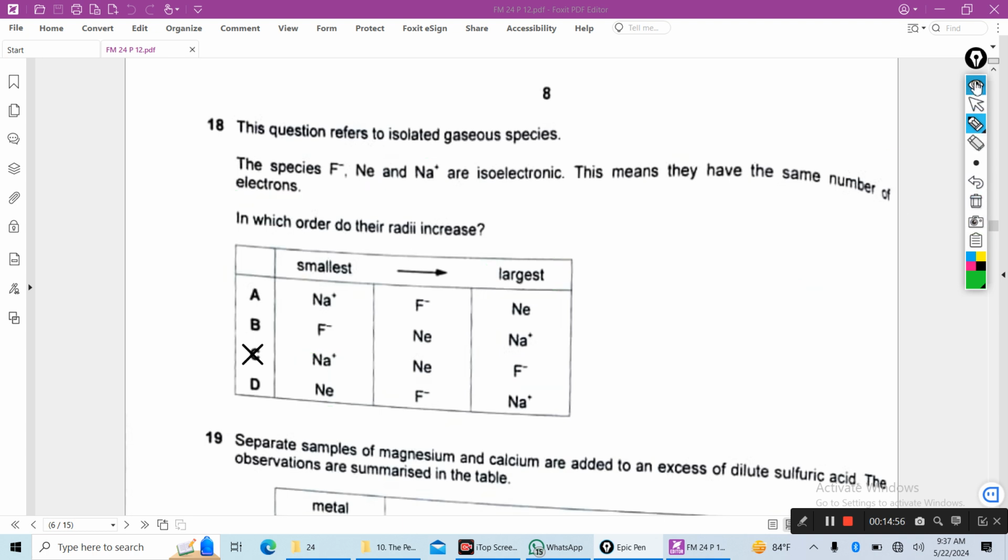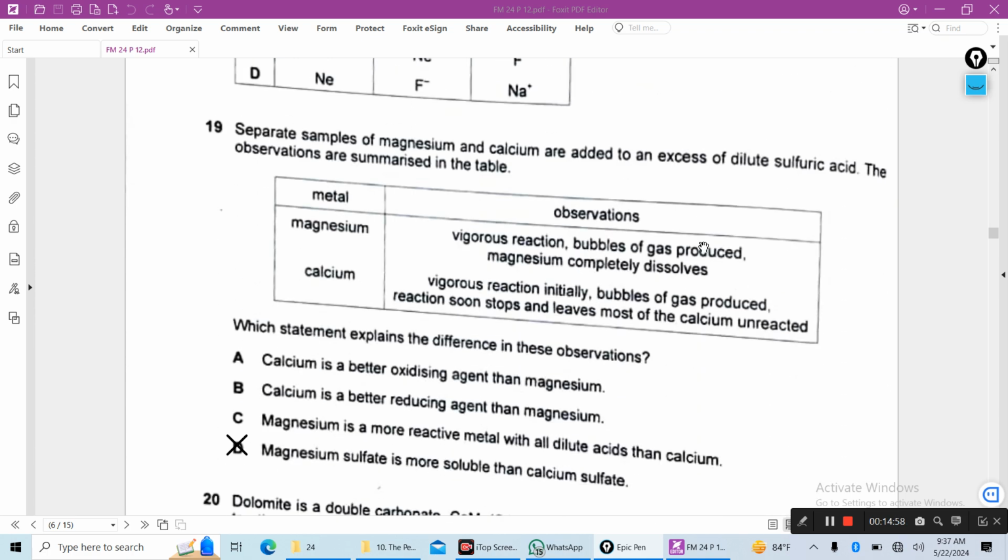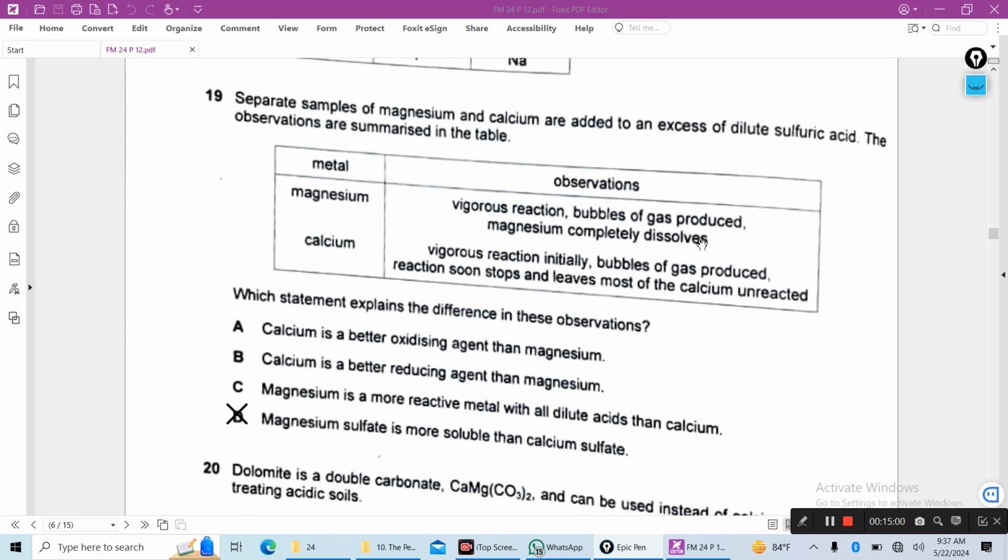Then 19. Separate samples of magnesium and calcium are added to excess sulfuric acid. The observations are summarized in the following table.